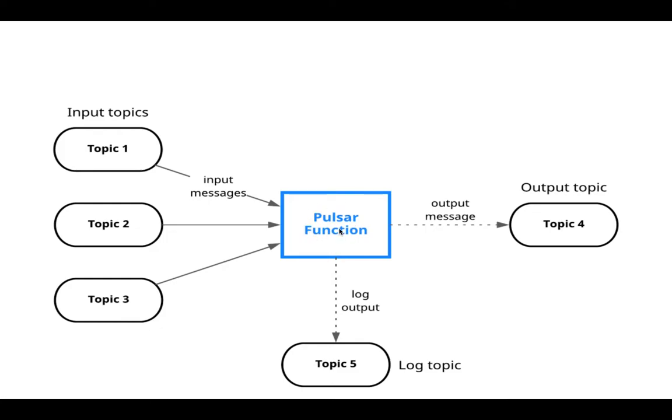This Pulsar function will apply some user supplied processing logic to each of the incoming messages, and once it does the processing, it sends the results of computation to another topic. Here you can see the output topic.